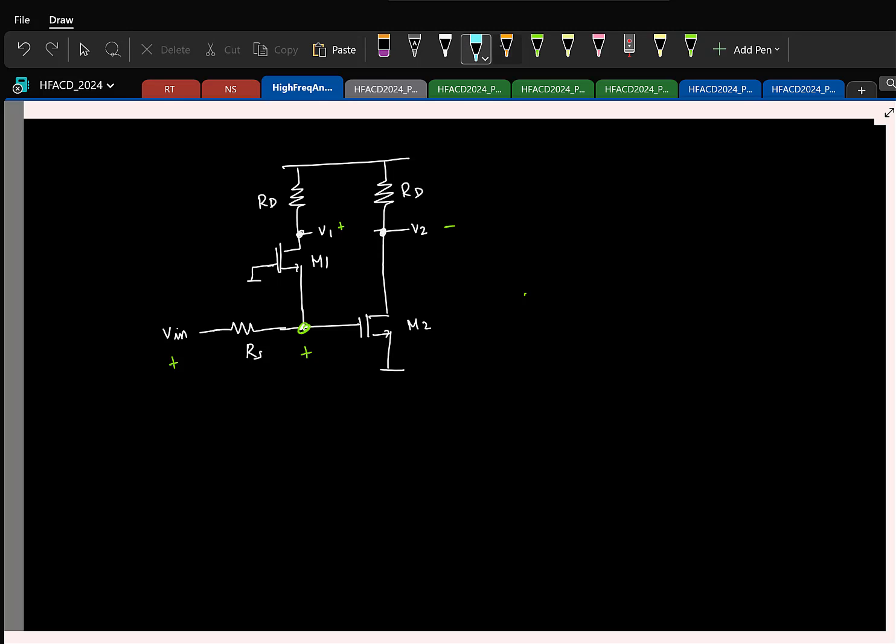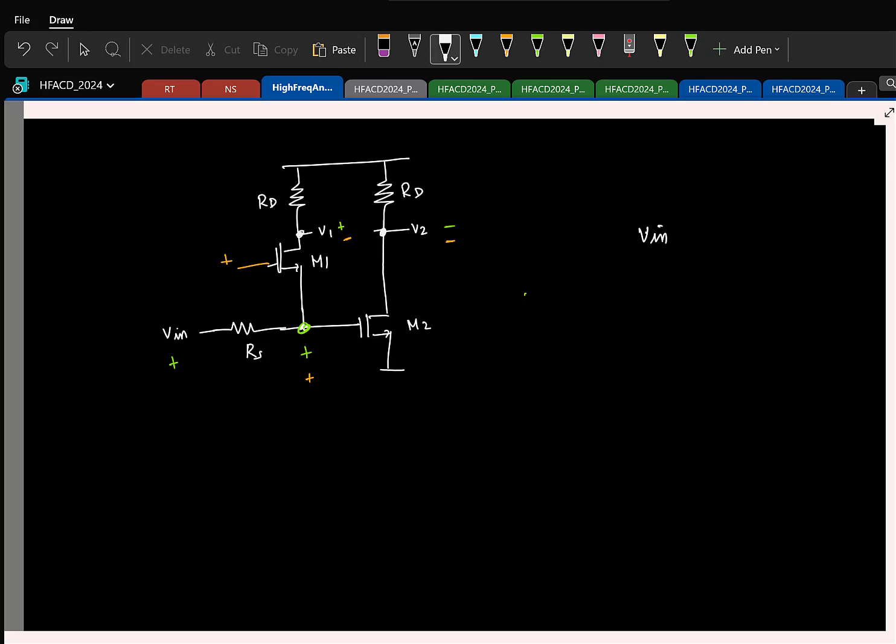But if you look at noise, if this is plus, what will happen here? V1 will be minus, so here it will be plus. I am applying at the gate, the source will follow with the same polarity, and here it will be. So essentially we have created a path wherein the signals add.